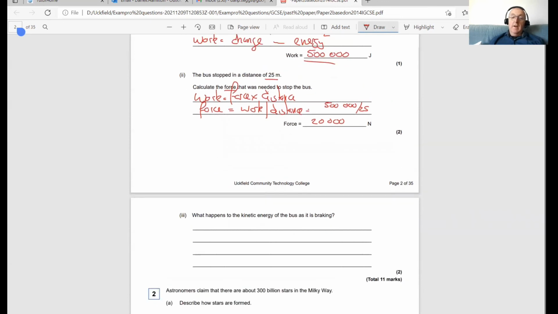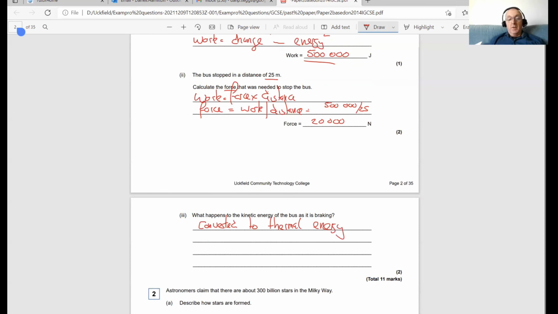And the final part of the question, what happens to that kinetic energy? It is converted to heat, or better, thermal energy. So there's one mark.